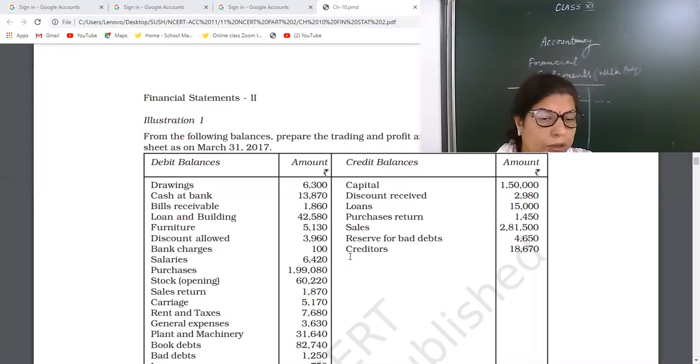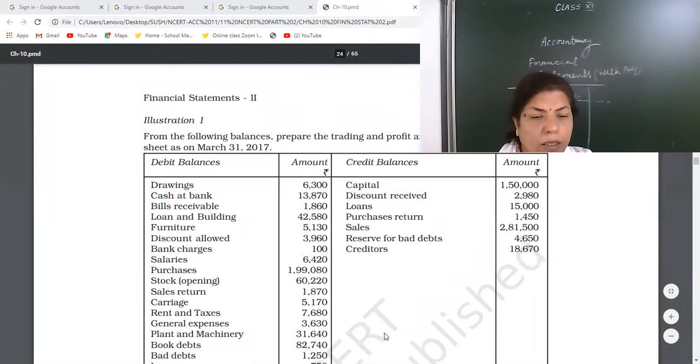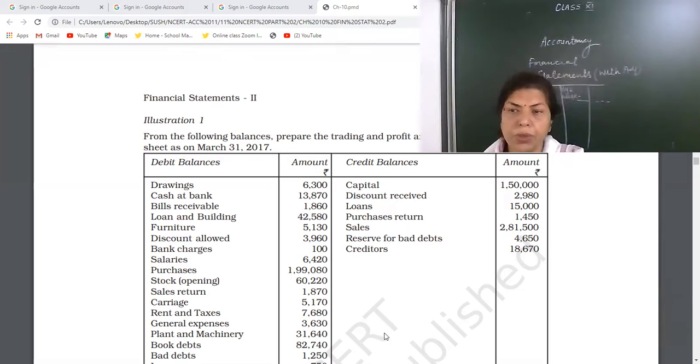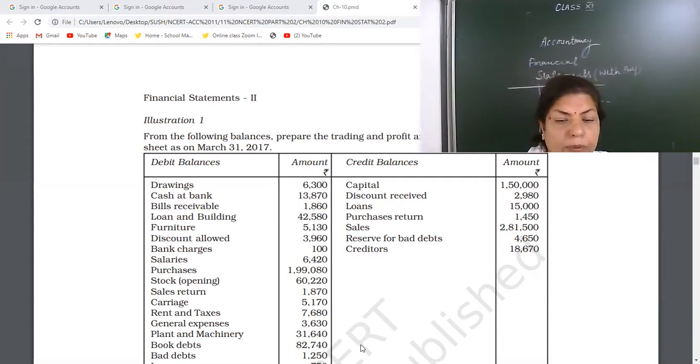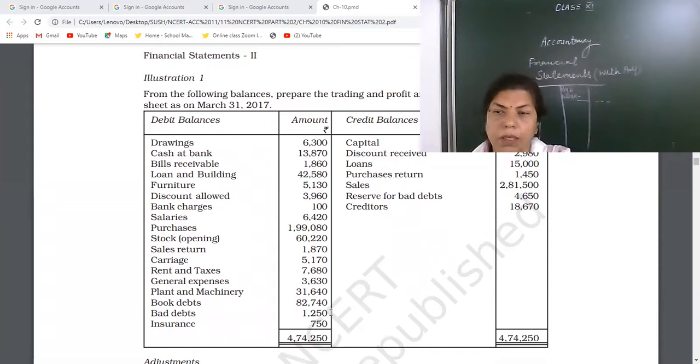See, there are two terms, book debts and bad debts. Book debts means book value of debtors, means the amount of debtors which is shown by the books. So that is debtors. Now, debtors will be shown at asset side of the balance sheet, and bad debts means the amount which proved bad.